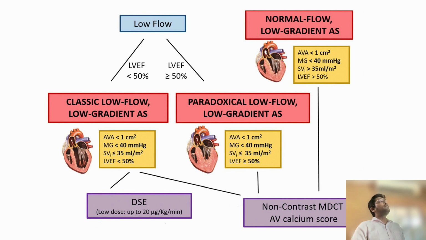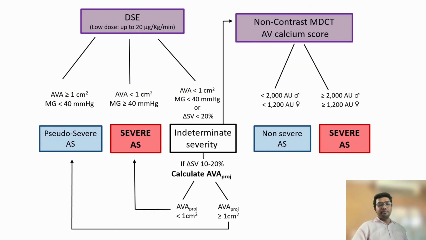If it is a normal flow low gradient AS, then we do a non-contrast MDCT aortic valve calcium score. Right now we have not graded whether it is severe or not, mind that. In all these cases, we will do a DSE and a non-contrast MDCT calcium score.